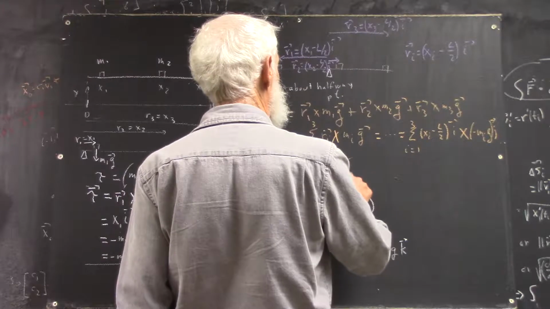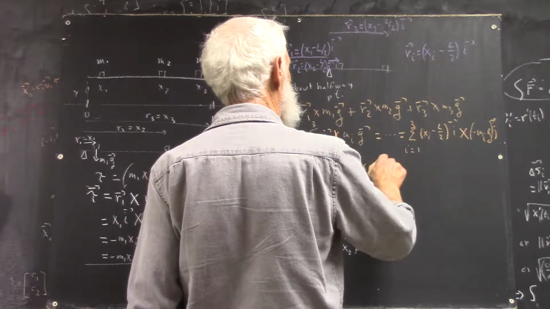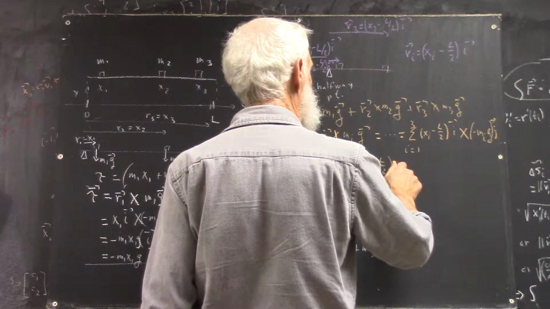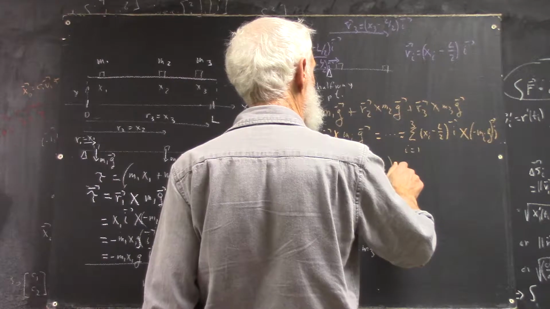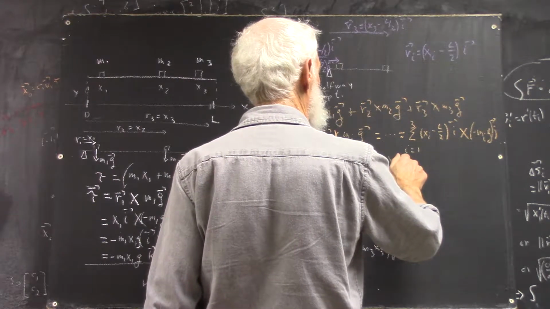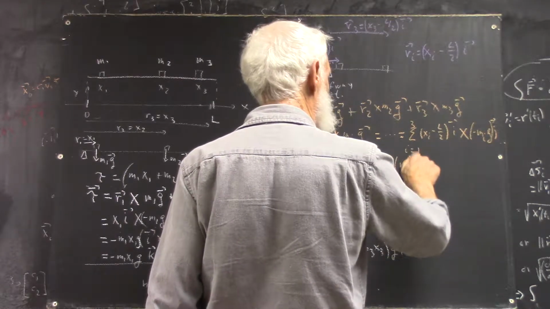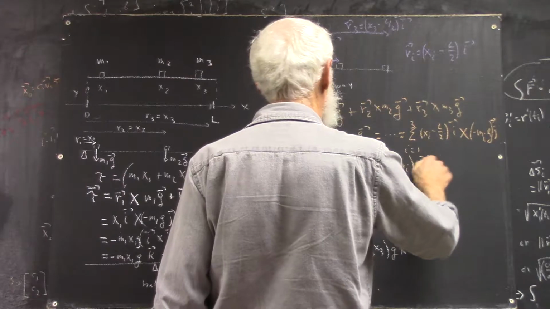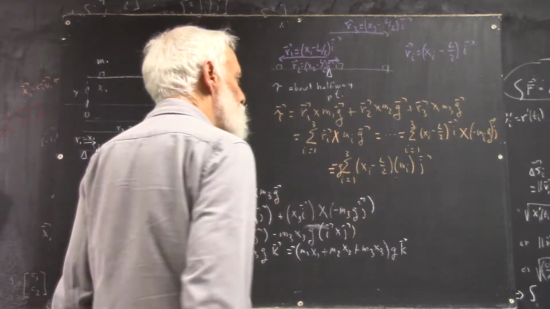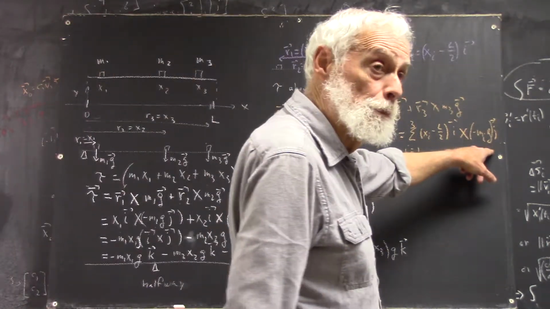So this is the sum from i equals 1 to 3 of xi minus L over 2 times mi times j, and I'm going to factor out a negative g, because there's a negative on this term.